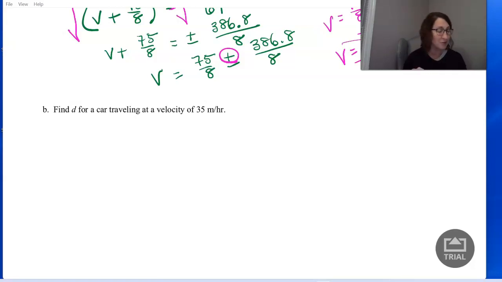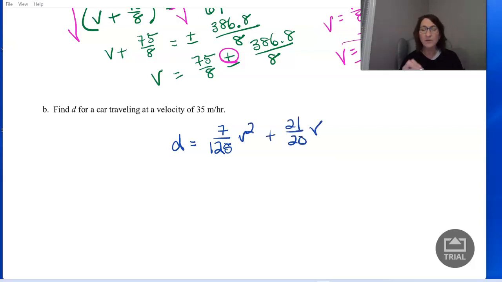If we go back to our original formula, D equals 7 over 125 v squared plus 21/20th v, all we need to do is plug in 35 for v in each of those positions.